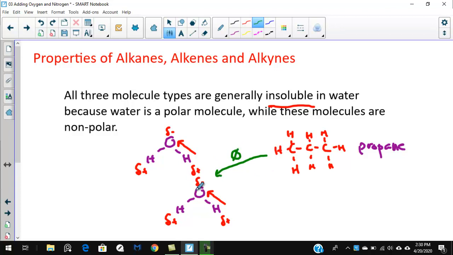You have to be polar if this is going to happen. And these molecules are non-polar and water is polar. So these two things do not mix. And if you can look at a molecule and see that it's non-polar, then you can always predict whether or not it'll dissolve in water. Okay?